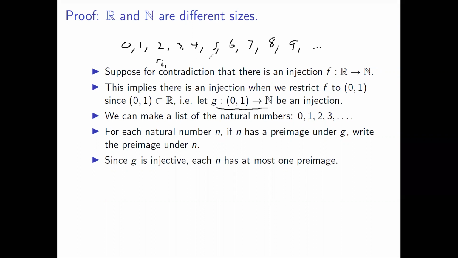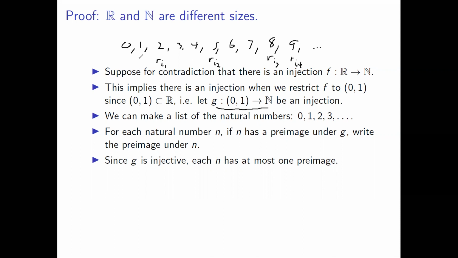If this one has a preimage, we'll say RI2. Maybe this one is the next one with a preimage. We'll say RI3 there. And maybe this one also has a preimage, so we'll say RI4. So we see that each of the natural numbers, since G is injective, has at most one preimage. So we'll write at most one preimage under each one.